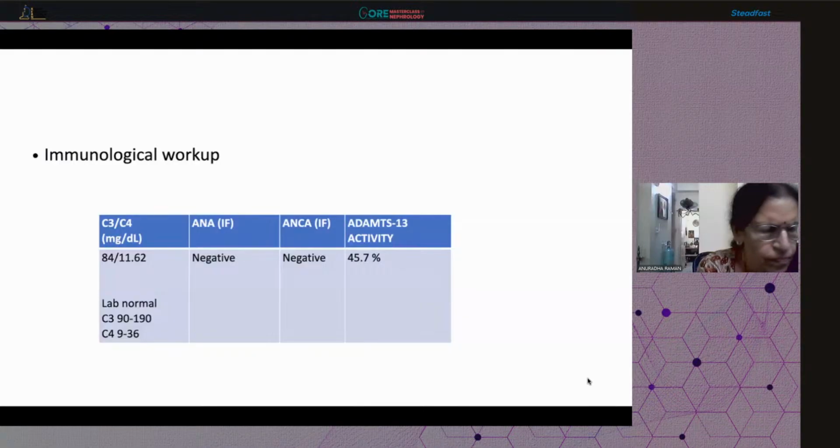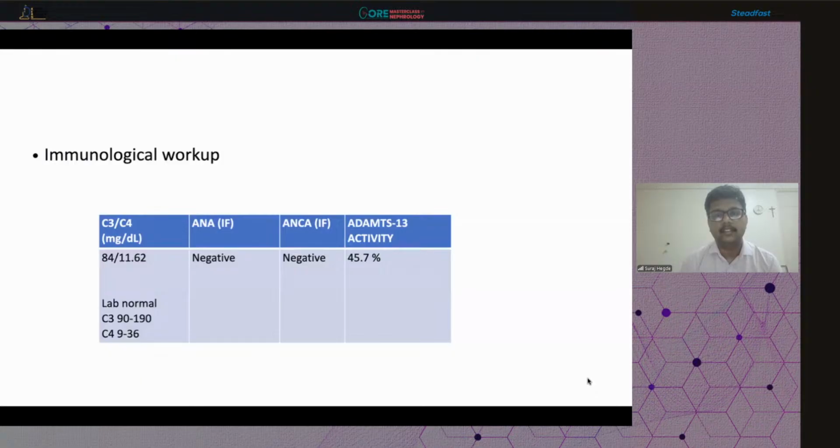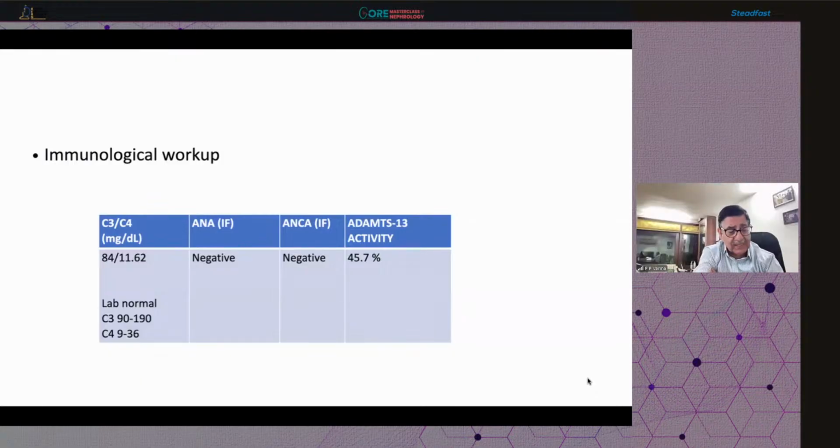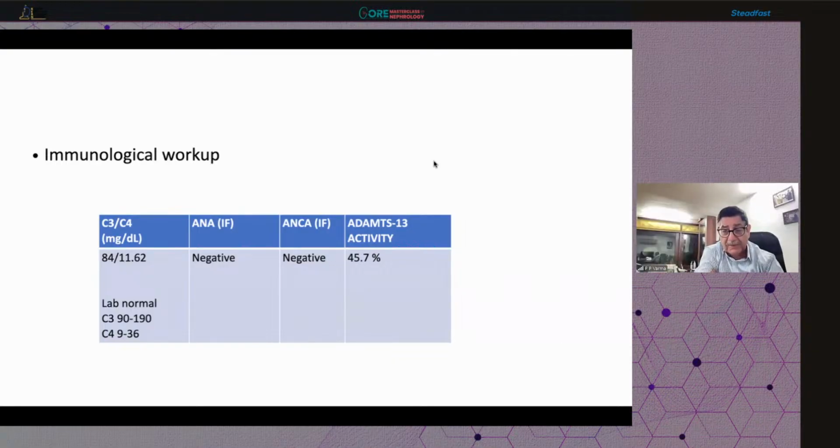HUS, yes, because the patient has evidence of hemolysis, acute renal failure, and a low platelet count. So he is fulfilling the criteria to be called a patient of HUS.